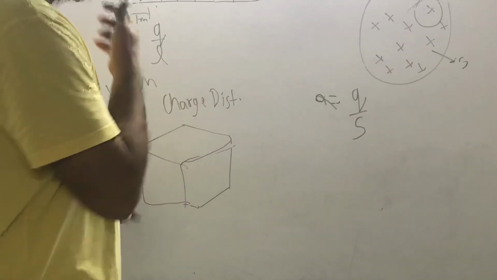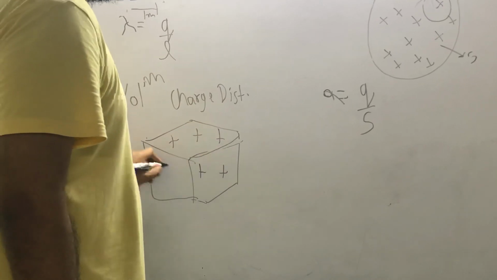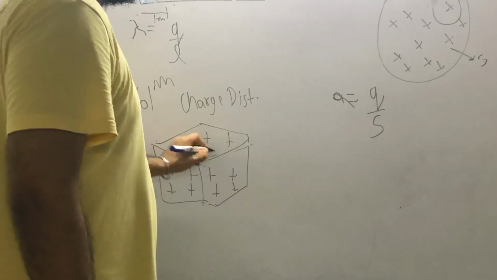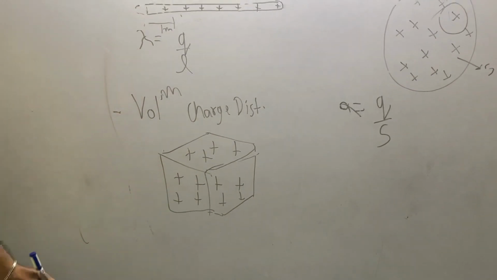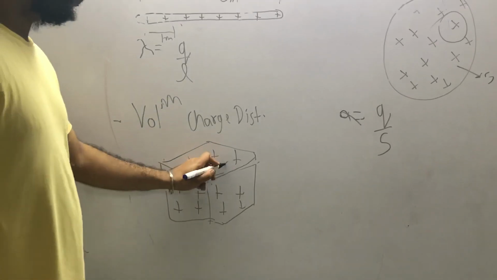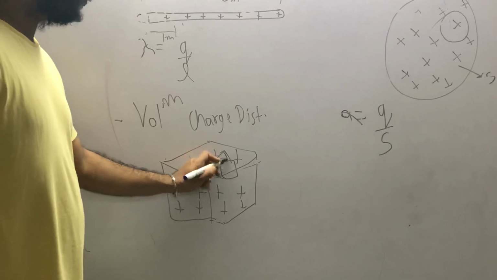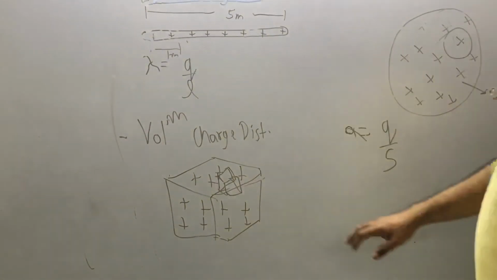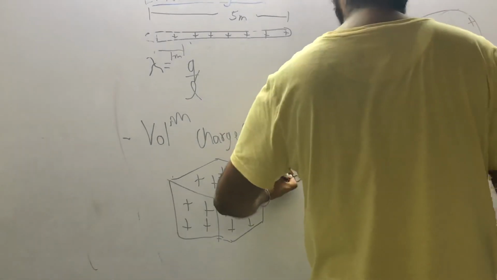If the charge is distributed equally at all points in this cuboid, then to find the amount of charge present in a 1 meter cube of volume inside this cuboid, we use the symbol of volumetric charge density, given by rho.